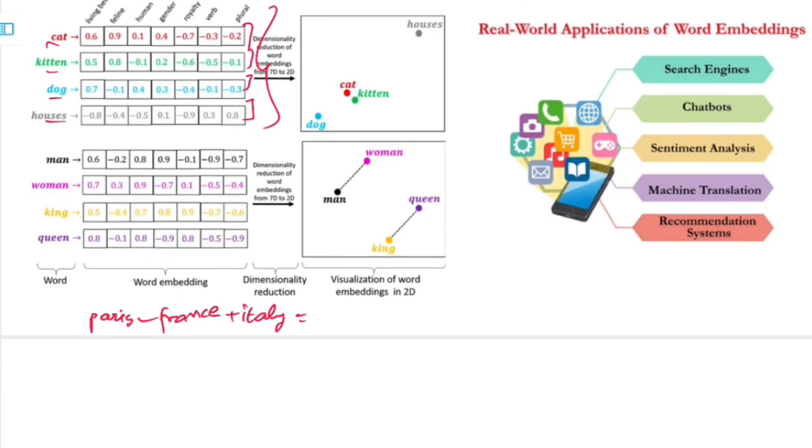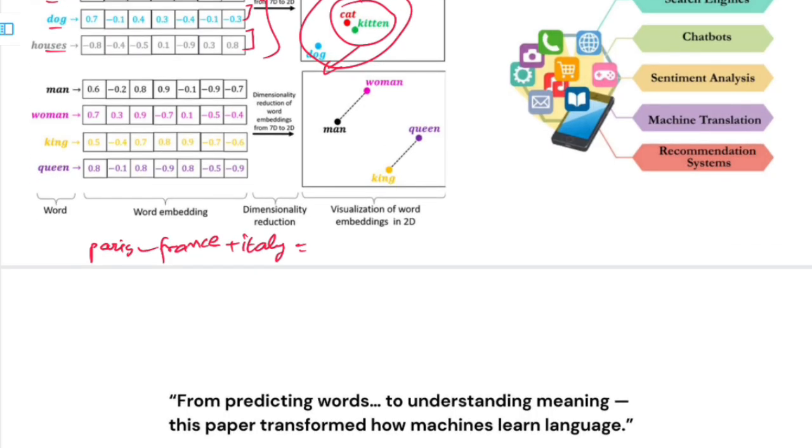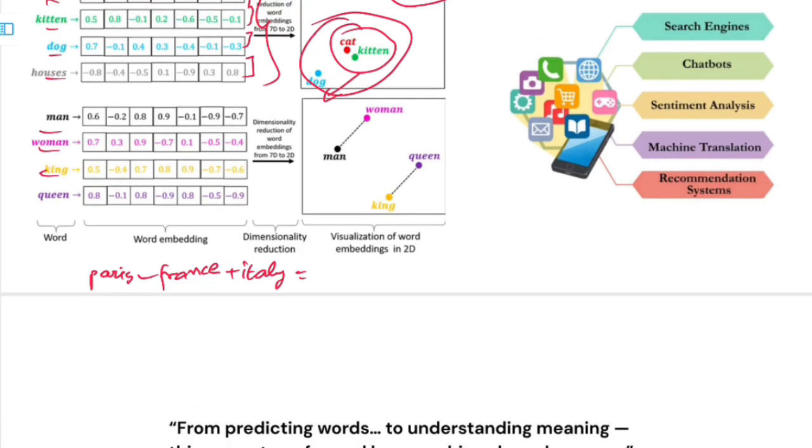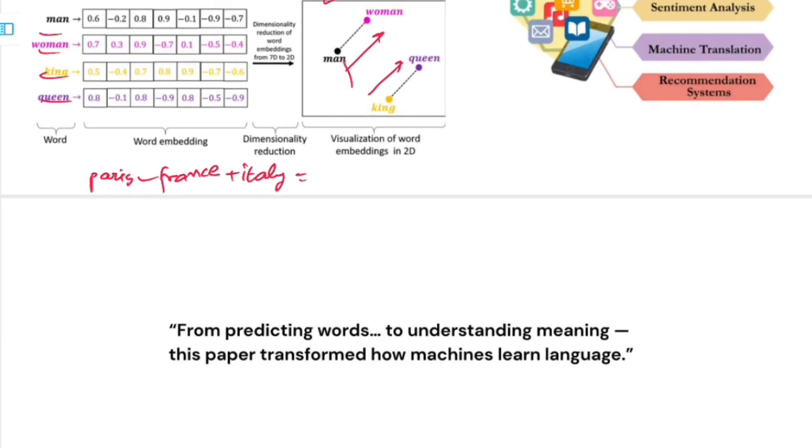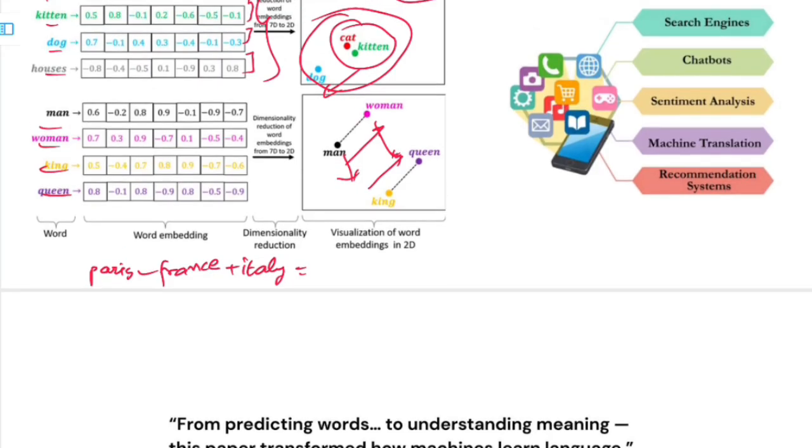We see that cat and kitten are close together and dog is also nearby, but houses is very far from these, and this forms a cluster of similar concepts. Similarly, in the lower diagram, man, woman, king, and queen form a structured pattern. The relationship from man to woman is similar to the relationship from king to queen, and the relationship from man to king is similar to woman to queen. So this is exactly the idea we have discussed: relationships become directions in vector space.